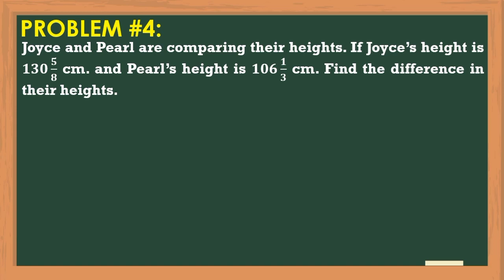So, mangyayari po, 130 and 5 over 8 minus 106 and 1/3. Okay? So, kukunin natin LCD ng 5 over 8 tsaka 1/3. So, the LCD will be 24. Okay?